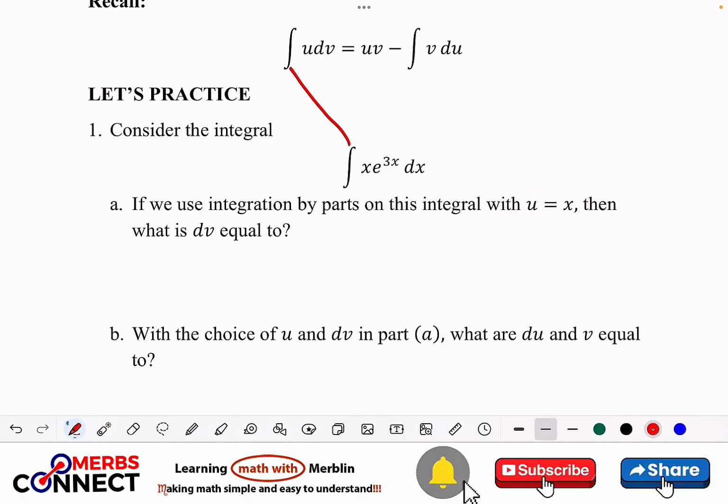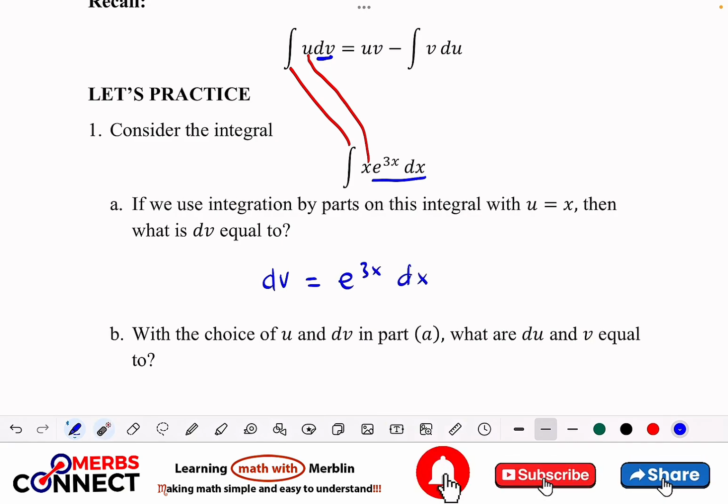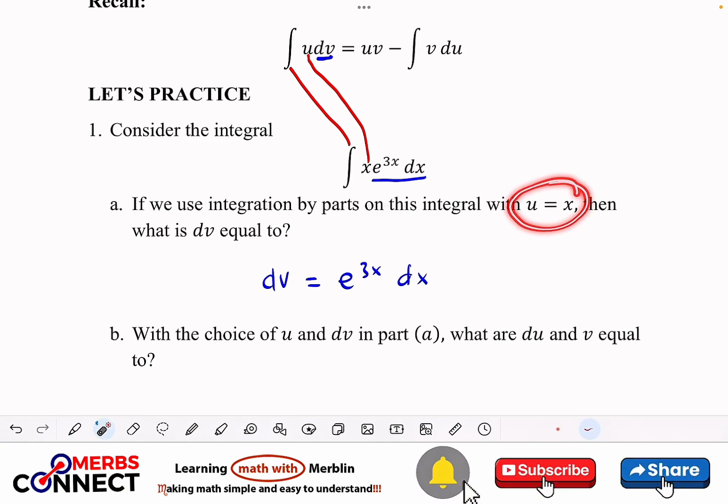So x will also go with the U. So everything left will be for dV. So dV is everything left here, which is e to the power 3x dx. So here my dV should be equal to e to the power 3x dx. They've given us that U should be equal to x. So here U is equal to x.